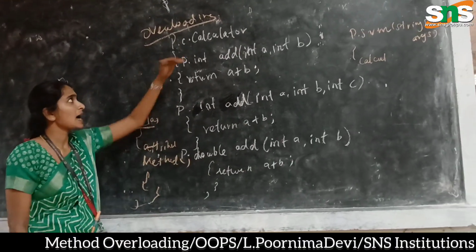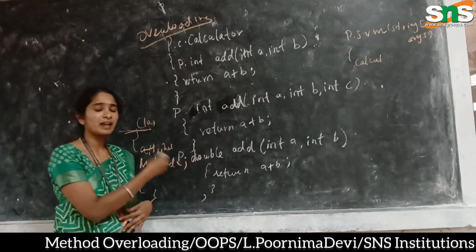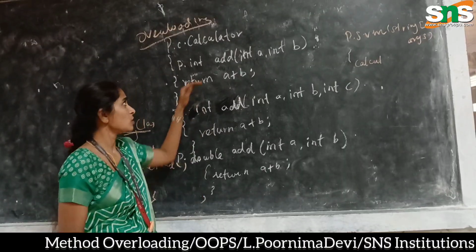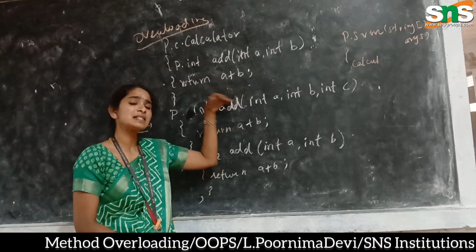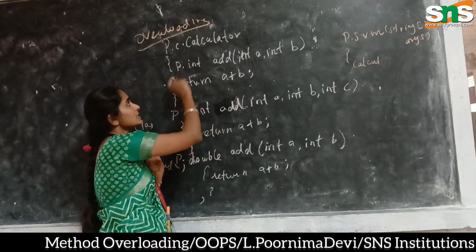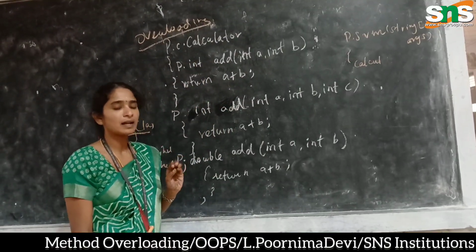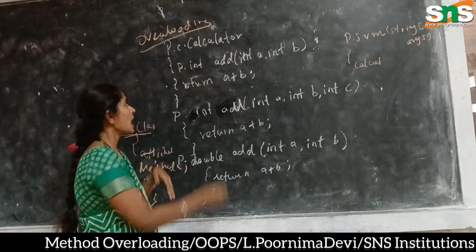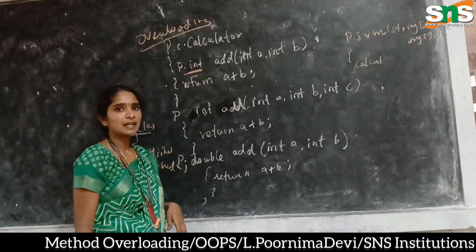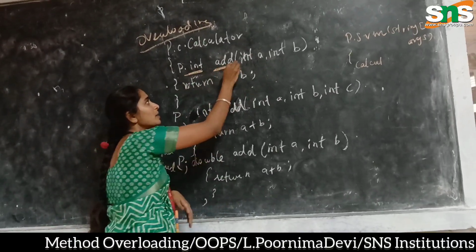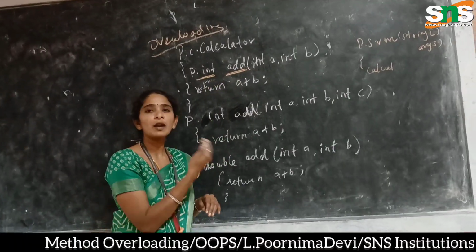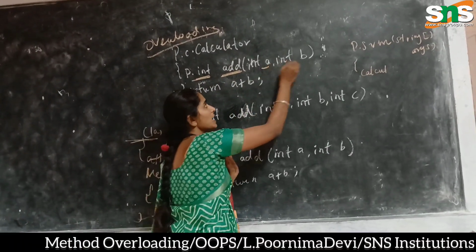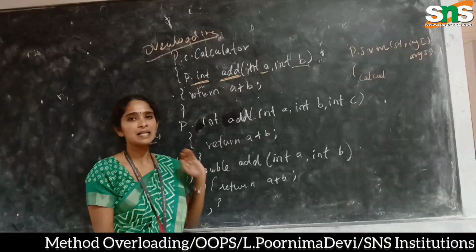When I create a method, I give the parameters, so I can pass values inside the method. Here I create Calculator as the class name. I give the data type and the method name as add. I give the parameter values a and b, with data type integer.